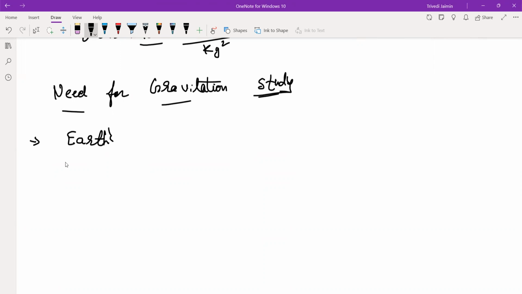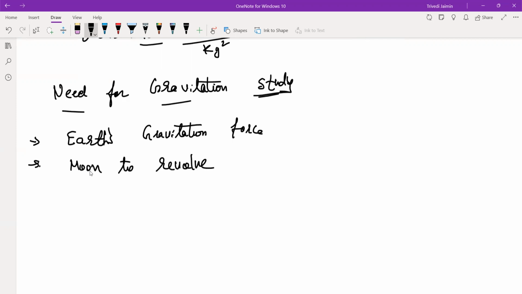Earth gravitation force, to study Earth's gravitation force. It makes the moon revolve around Earth.